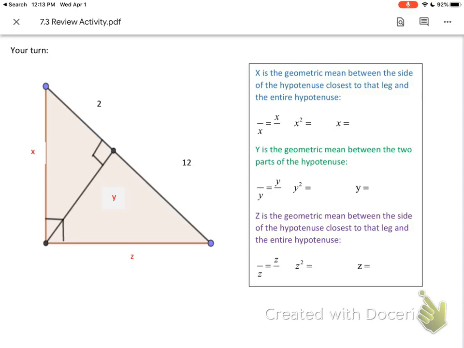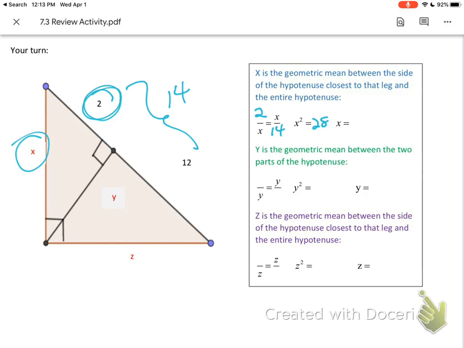So here we go. Okay, so x is the geometric mean. Here's my x between the piece of the hypotenuse closest to it and the entire hypotenuse, which is 14. So 2 times 14 is 28, and then 28, you've got to figure that out.